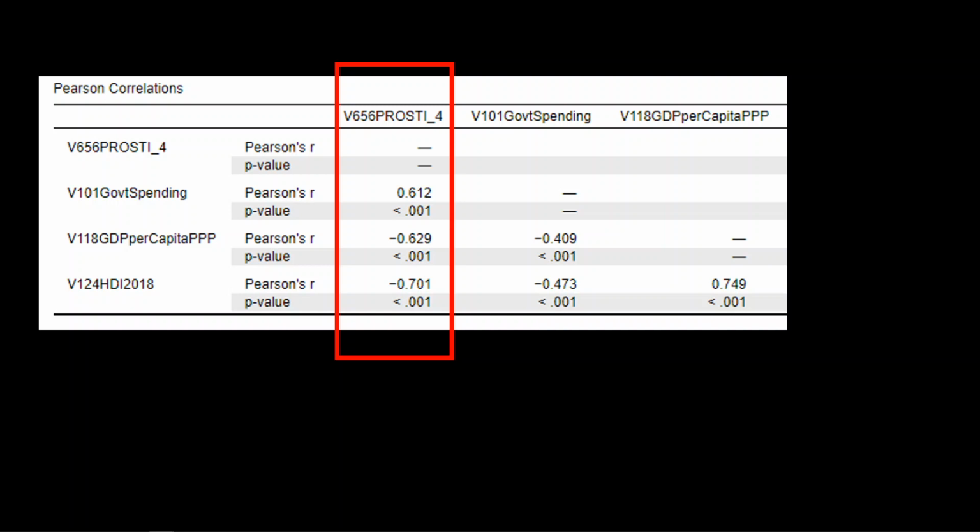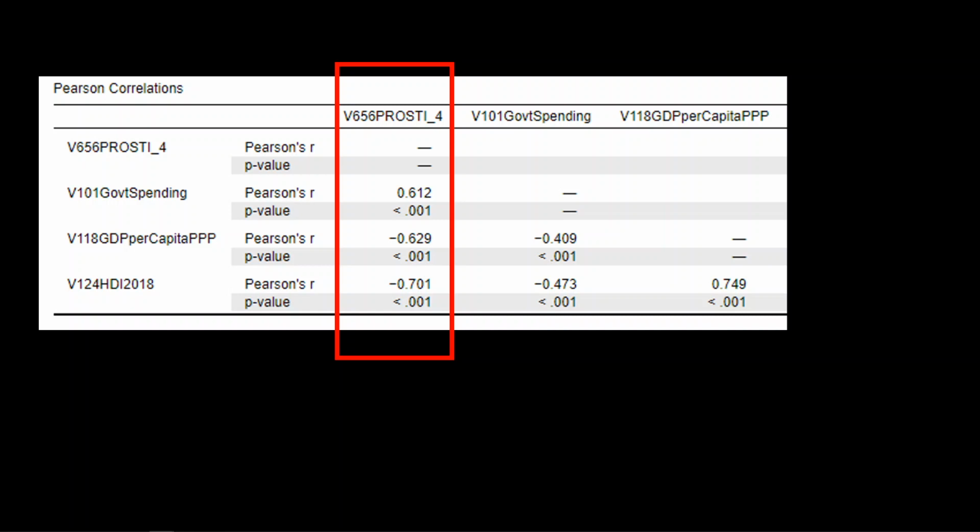When you square Pearson's R, it gets its own special name. It's called the coefficient of determination. And so basically, if you took 0.612, and I'm doing it on a calculator, times 0.612, you would get 0.37.